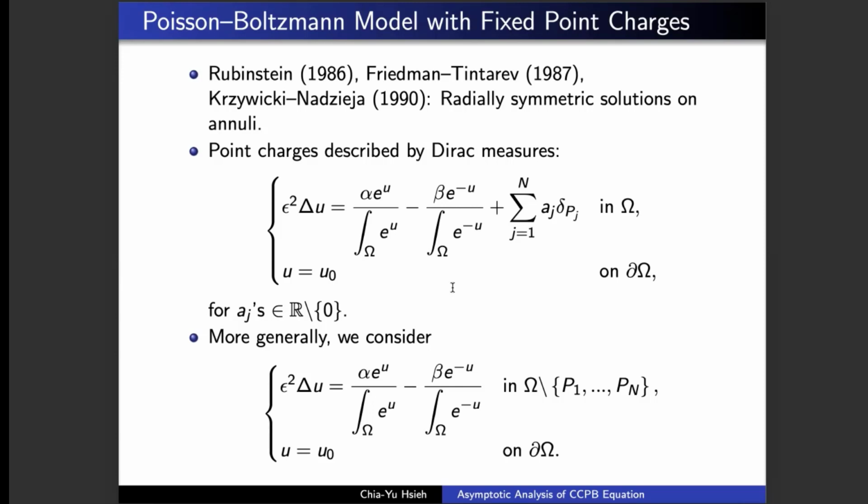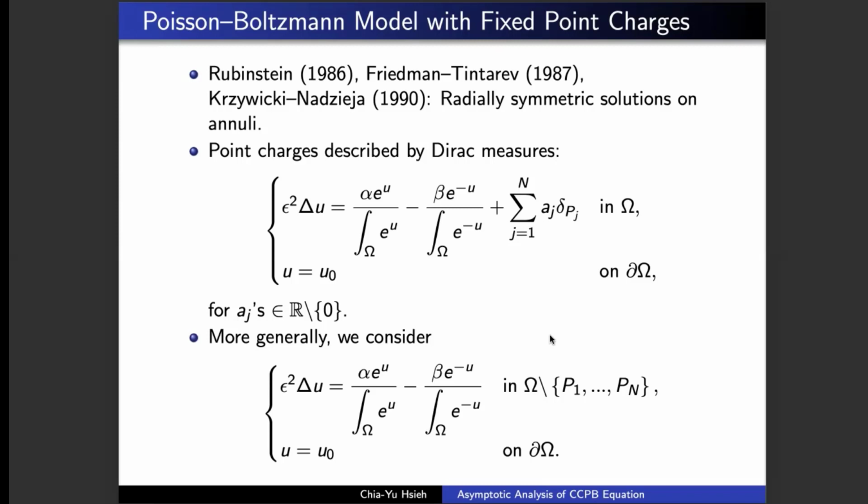And in particular, Dirac measures are usually used to describe point charge. So we can consider such a problem, the Poisson-Boltzmann model with some Dirac measure on the right-hand side being the fixed point charge.